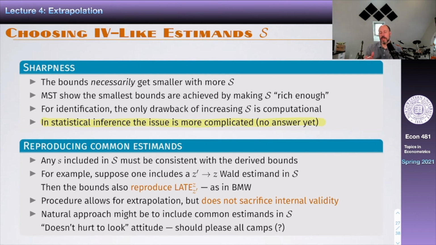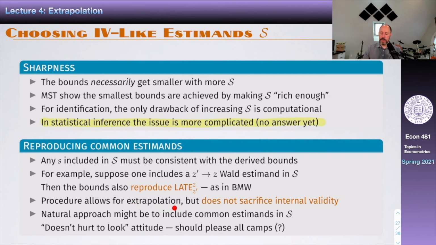And if you use, for example, your LATE or your IV estimate as part of your bag, as part of your S over here, your model is going to deliver, when you ask the question, what is the effect from moving from here to here, just the LATE, because it's going to be consistent with that. That's the form, we can say, of internal validity. You're just going to be able to replicate exactly the same effect that a person that doesn't care about all this will get, as long as you include that in your bag of S, of course. If you don't, then that's not going to happen necessarily.